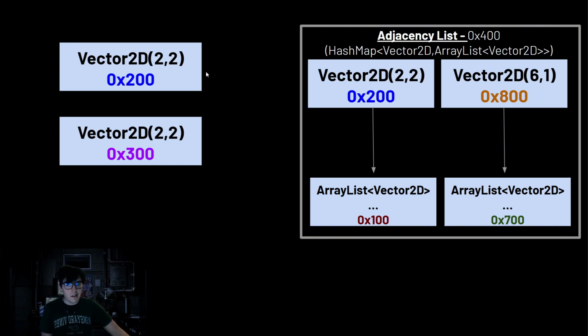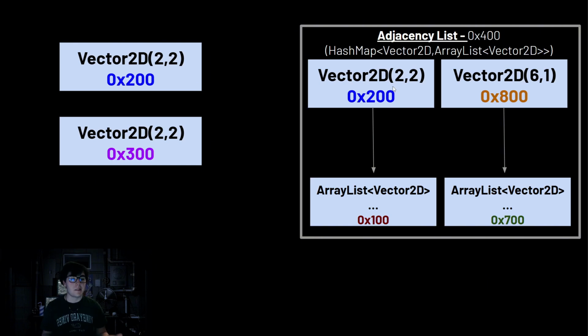But say we called hashmap adjacency list dot contains on this Vector2D, 0x200 up there. We'd expect that it would return true. We see right here visually that 0x200 is in this adjacency list. It's in our hash map.